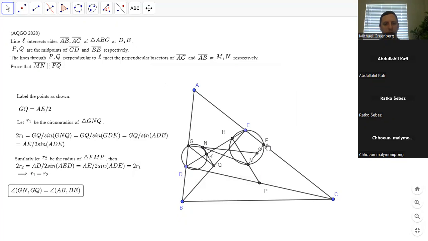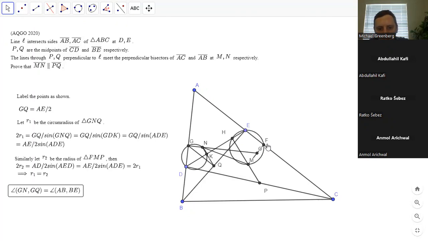So what did I do here? EM and GQ. So MFB is the same as ACD, right? Yeah.